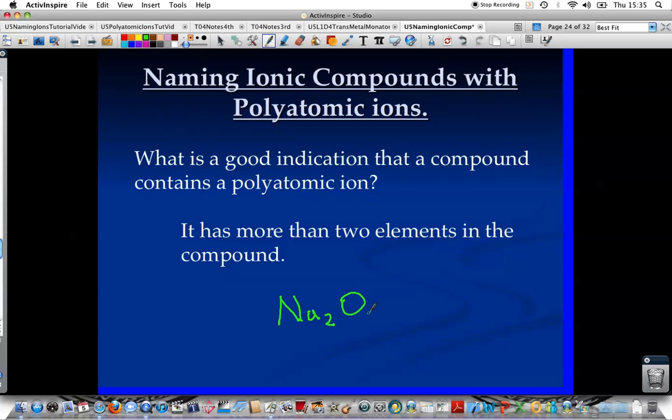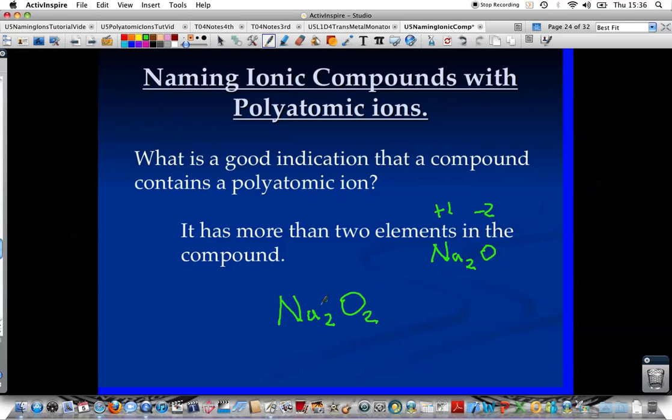Like Na2O2. That's going to be sodium peroxide. The way that you tell that you have sodium peroxide, not sodium oxide, is look at the 2 and the 2. If this was a normal ionic compound, that would reduce down. Sodium oxide, remember, is going to be Na2O because oxygen has a -2 charge and sodium has a +1 charge, and so we need 2 of those sodiums to cancel out that -2.